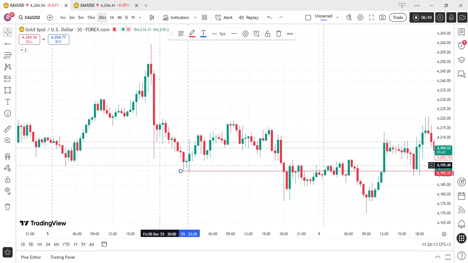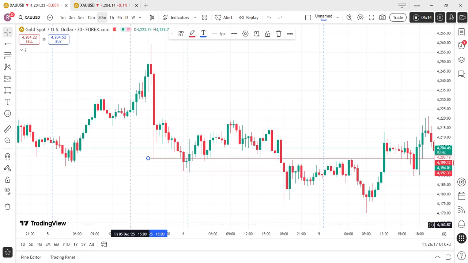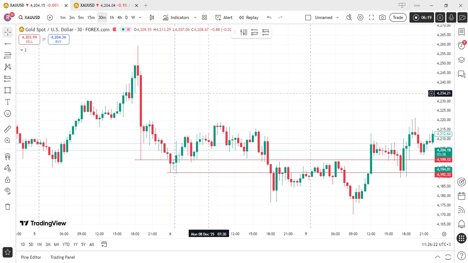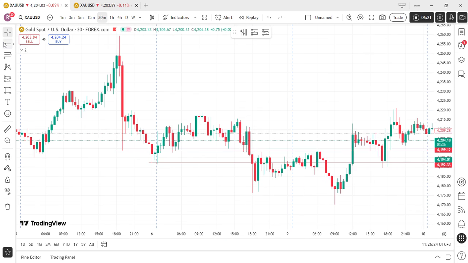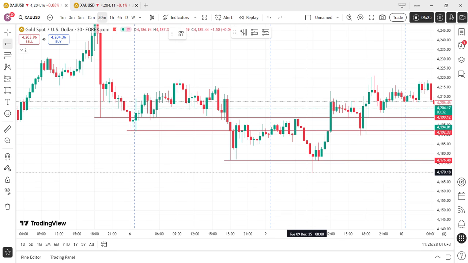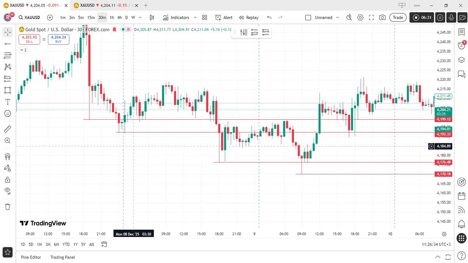These are lower lows because each is lower than the previous low. And on the other side, we are going to have another lower low right here. There's another lower low. Because all these lows, this one is below this one, this one is below this one, this one is below this one. This is how market structure is.